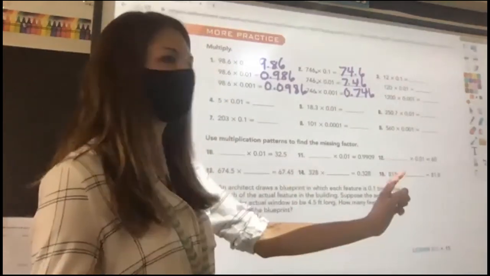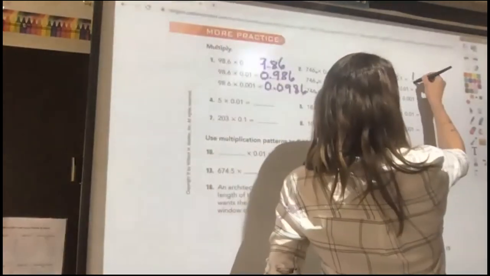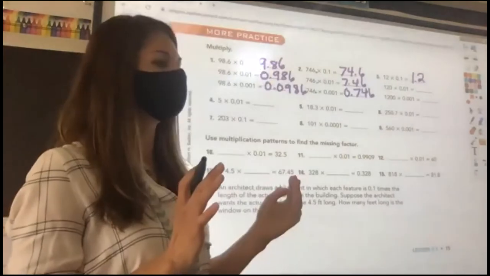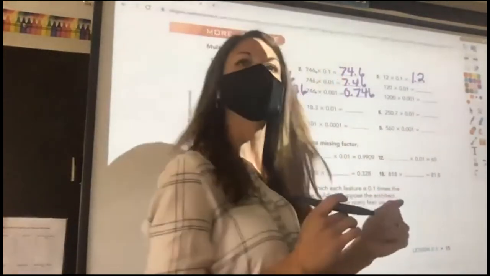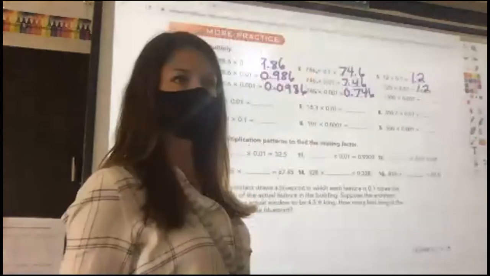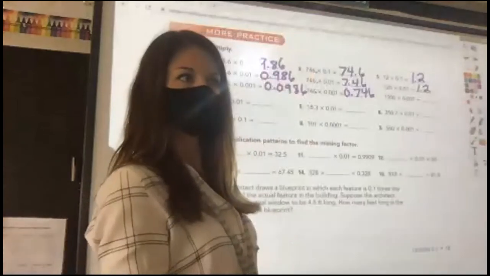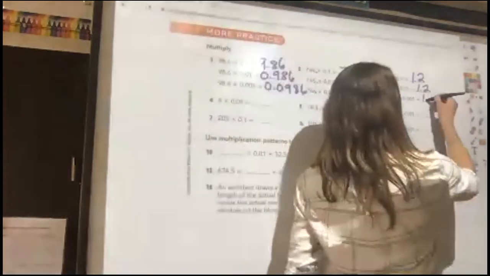12, 1 slide over becomes what? 1.2. But 120, 2 slides over becomes what? Go ahead, Parker. 1.2, yep. And 1,200, 3 slides over becomes what? 1.2, yeah.